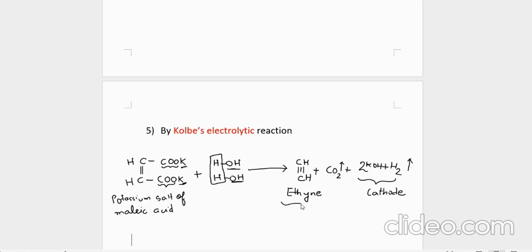This is entirely at anode. So with this we complete the five reactions of methods of preparation of alkynes.